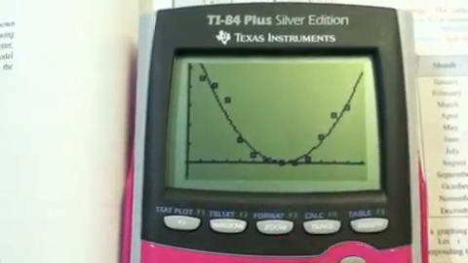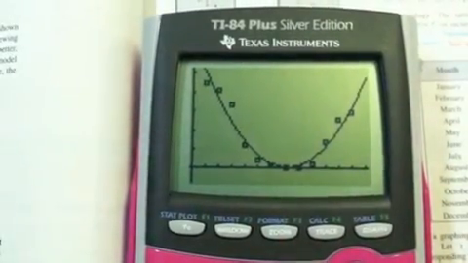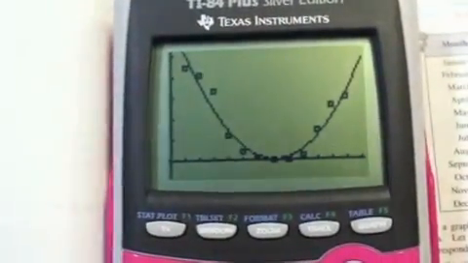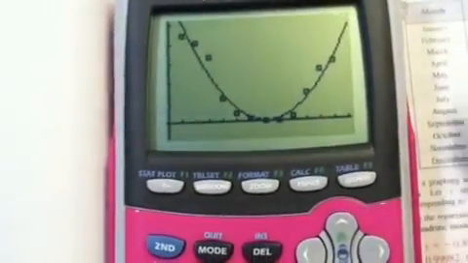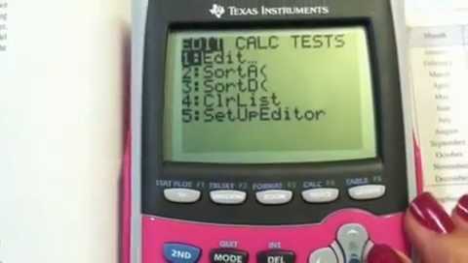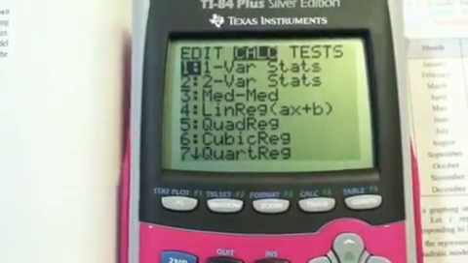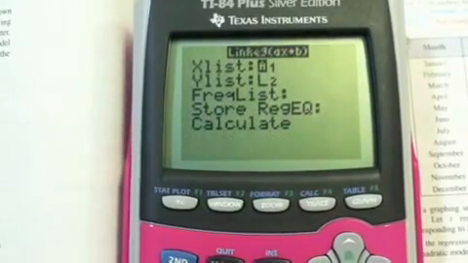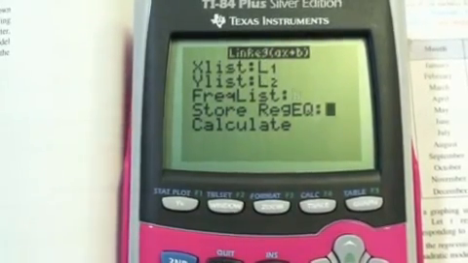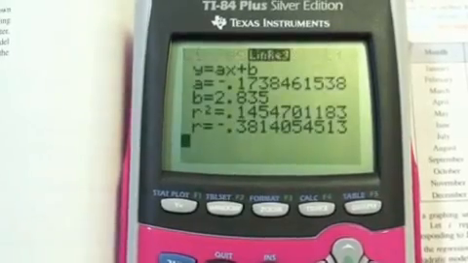Just to show you one more quick thing, if I happened not to recognize from the table immediately that it was not linear, let's say I wanted to figure out a linear regression for this. You go to calculate, go to linear regression, put in L1 and L2, and calculate it out.